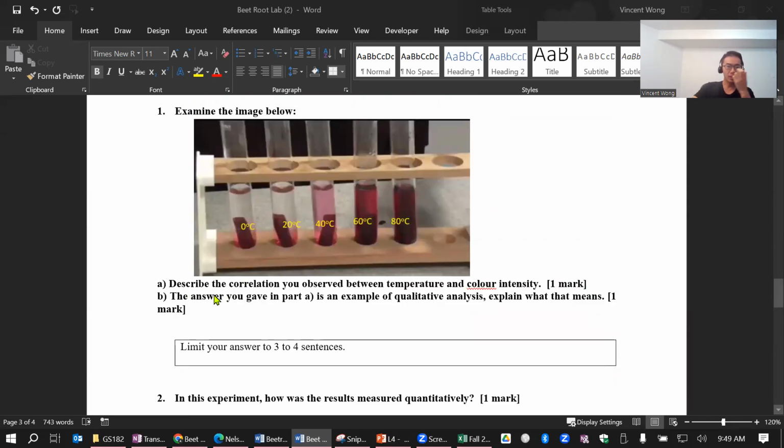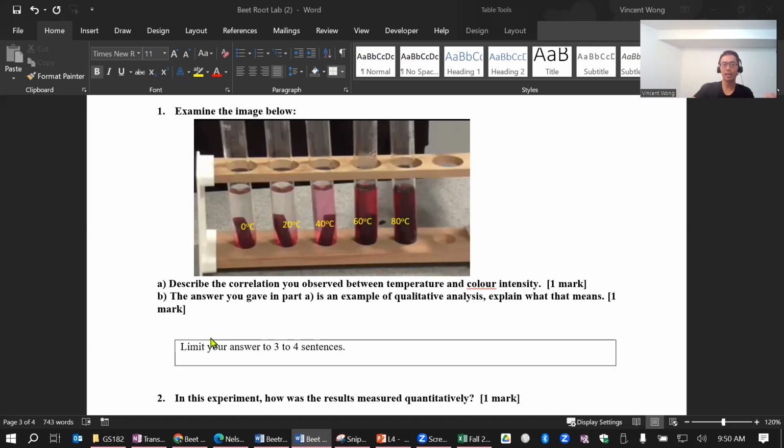Next one. Describe the correlation you observed between the temperature and the color intensity. Again, some people get really confused what I'm asking here. Correlation just means relationship between two things. So over here, I'm literally asking you to look at the picture and tell me as the temperature increases, what is happening to the color intensity? Describe it.